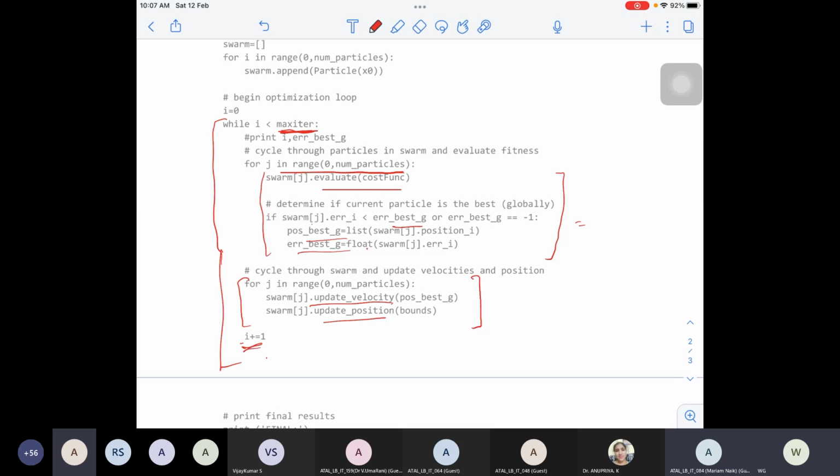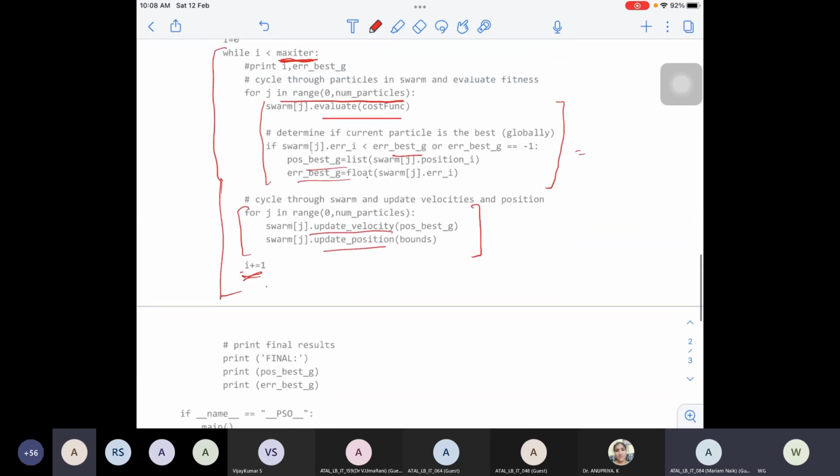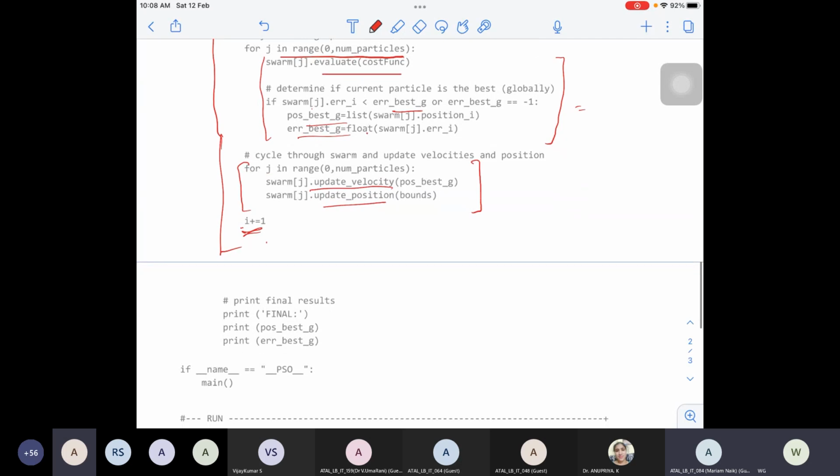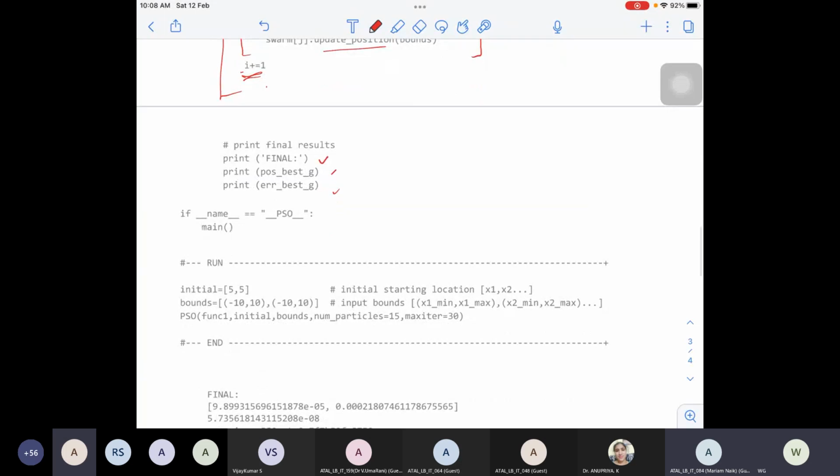As I keep repeating it for several iterations, I finally get the final best position and the error. Here, when I run it, I initialize the dimension of the region and so on.